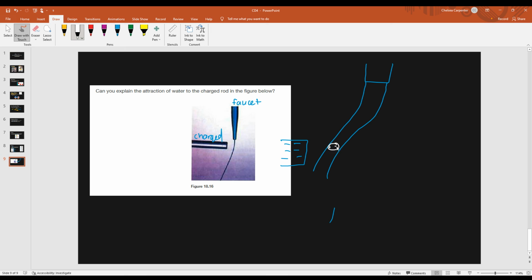The positive charges and negative charges will be separated, where up above they were more kind of just random. They weren't all lined up in one direction. But then once they encountered this charged object, all of those water molecules lined up in a certain orientation, causing a net attraction of the stream of water.